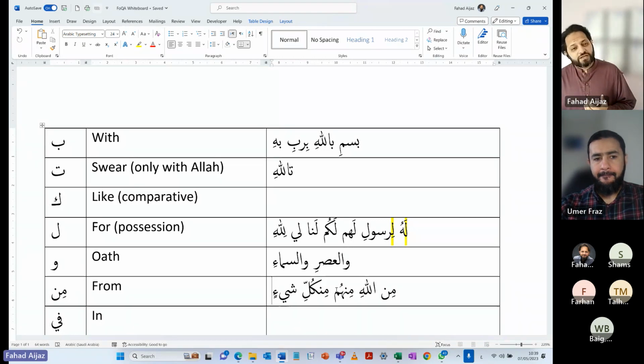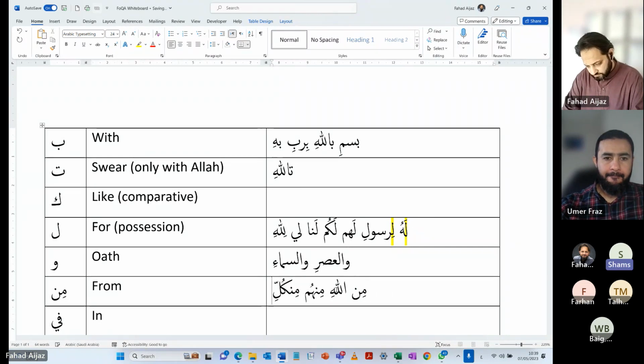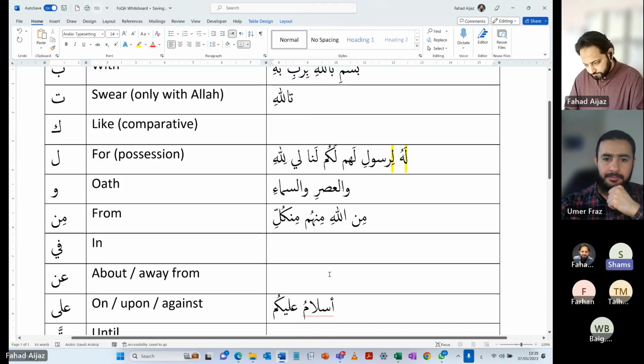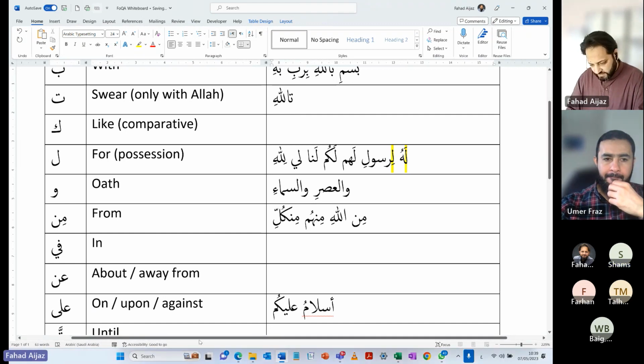Min kulli shay'in, from each and everything. And in Surah Nas, min sharril waswasil khannas. That is the same min, right? Exactly.